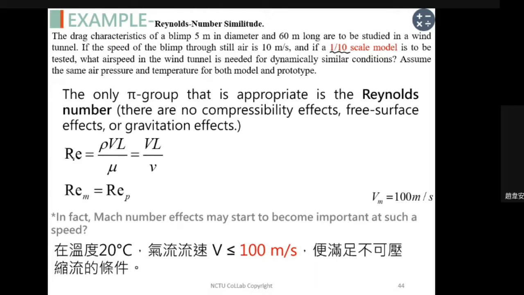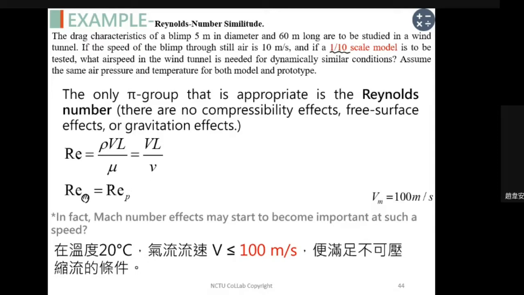So the Reynolds number is defined by rho VL divided by the viscosity, and we need to let the Reynolds number be equal between the model and the prototype.